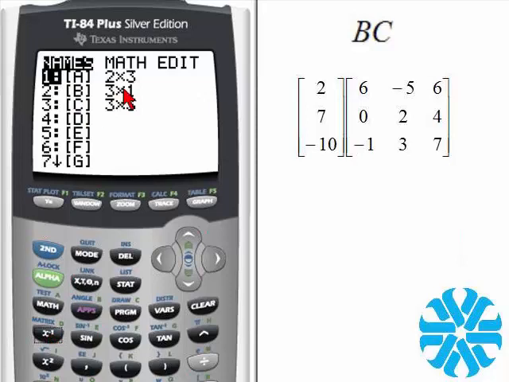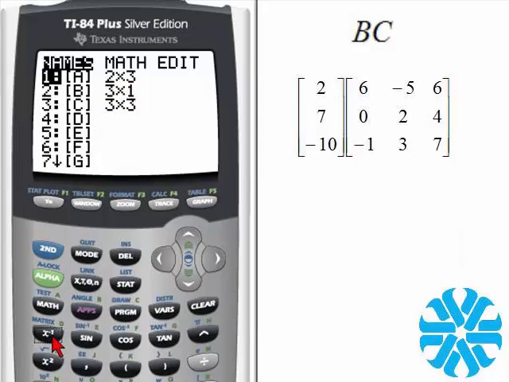Well, if you notice, the number of columns of matrix B does not equal the number of rows of matrix C. So we should get an error when we try to compute the product. Let's check it out.